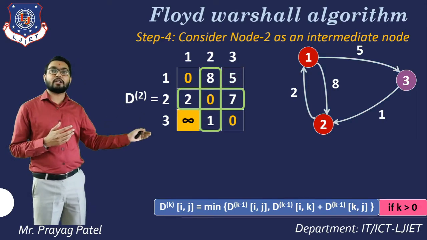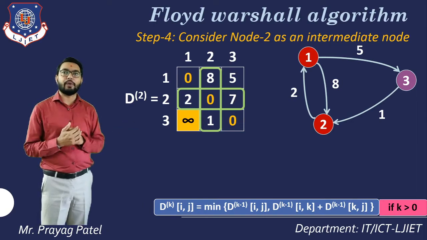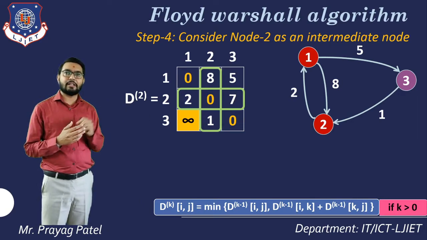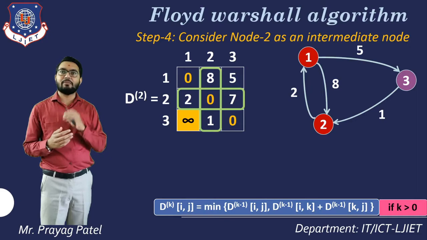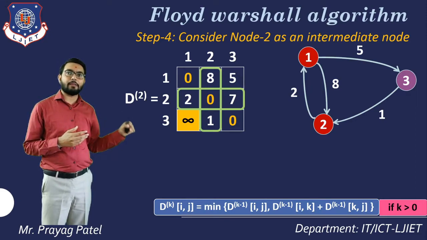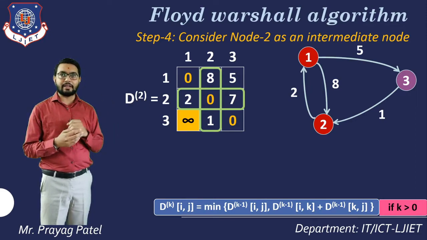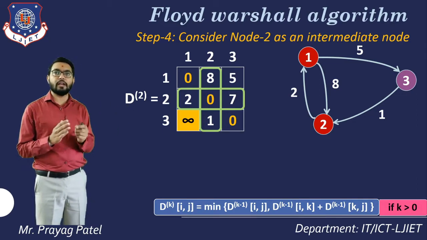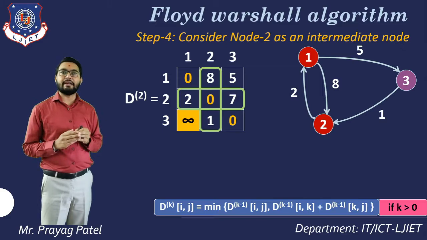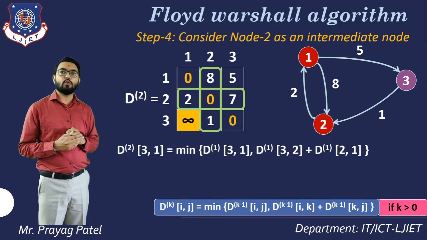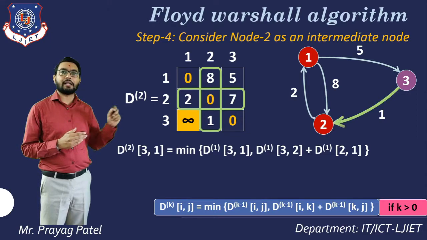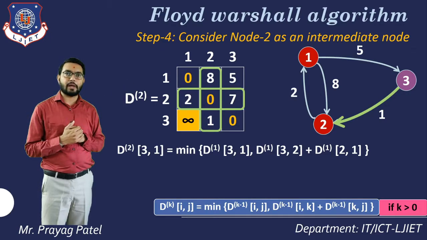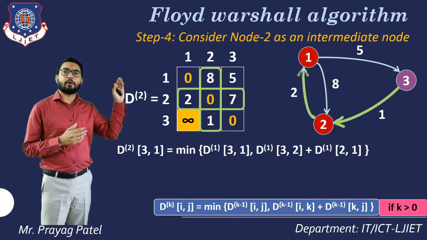Now consider the next location, 3, 1, because the second row is not considered, as node number 2 is the intermediate. So here consider the path from 3 to 1. A 3 to 1 path is available. Check the path from 3 to 1 using node number 2 as an intermediate node. So here consider the path as D2, 3, 1, meaning first the path from 3 to 2, then the path from 2 to 1.